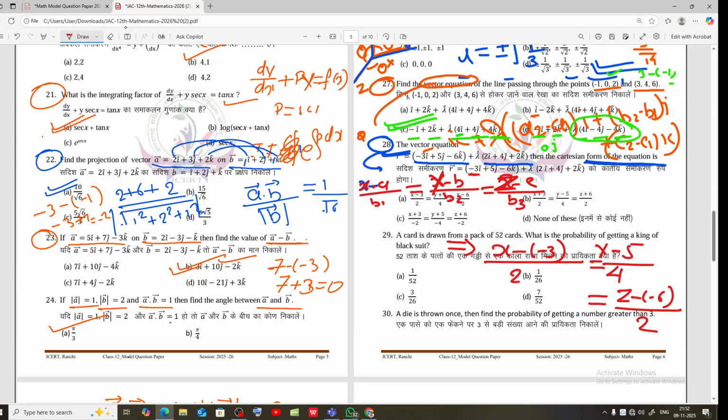That means your answer is x plus 3 by 2 equals y minus 5 by 4 equals z plus 6 by 2. Option B is correct.